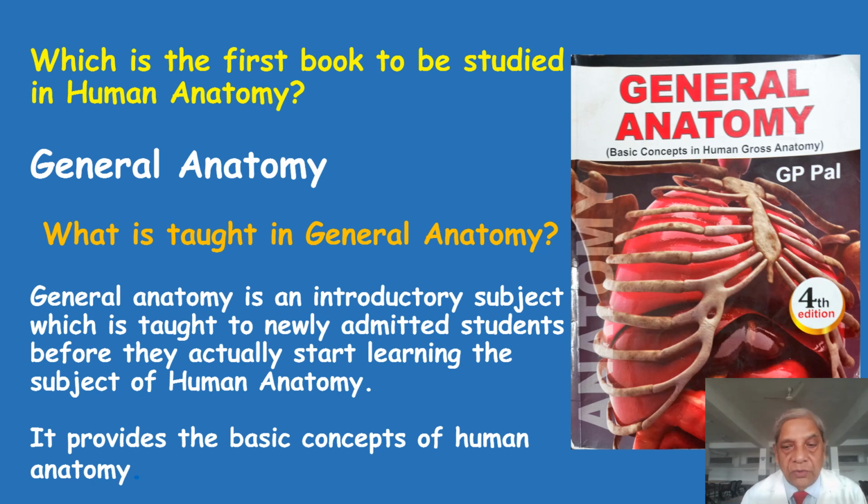The whole course of anatomy is for about 1 year, but this general anatomy course will finish within the first 8 to 10 days of your studies. As soon as you are admitted, you will be taught general anatomy.